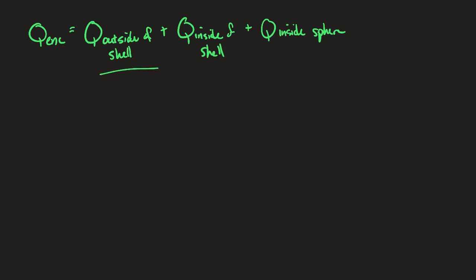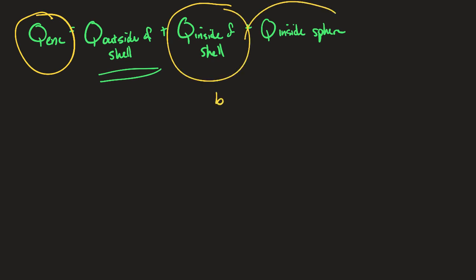So if you want to find Q on the outside of the shell, you will have to solve for it. We solved individually for this. This was part B. This was part A. You've got to do some addition. Questions about that?